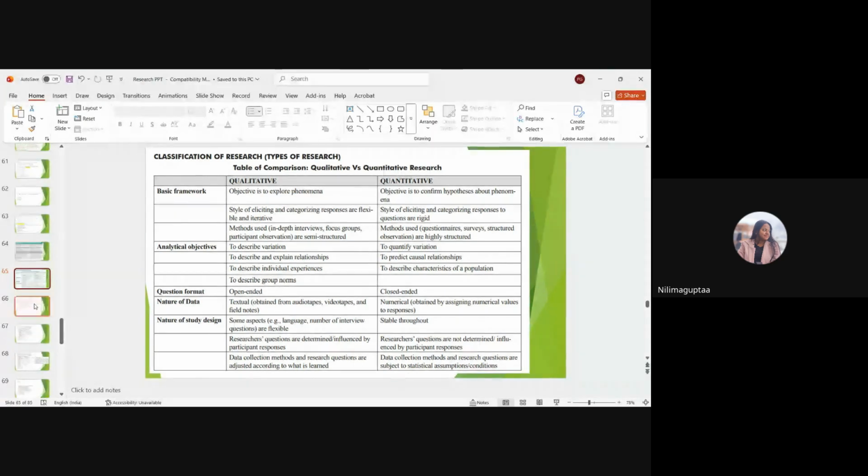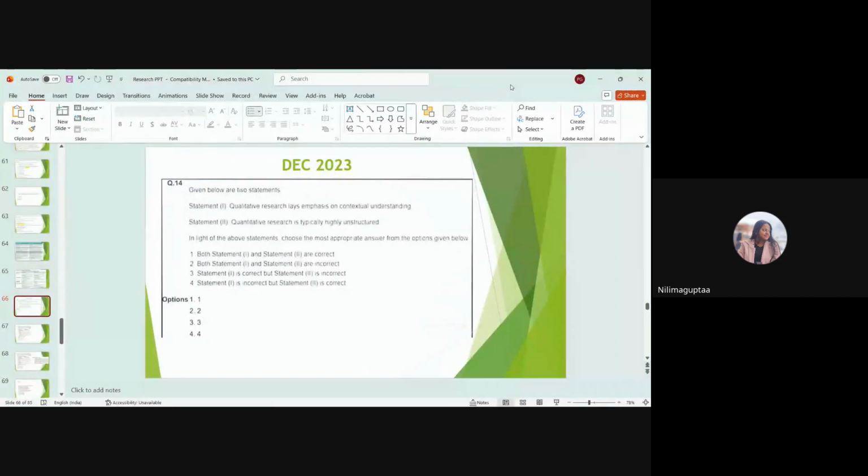Now, certain questions on the same topic. This is from December 2023. The first statement says that qualitative research lays emphasis on contextual understanding. The second statement says quantitative research is typically highly unstructured.